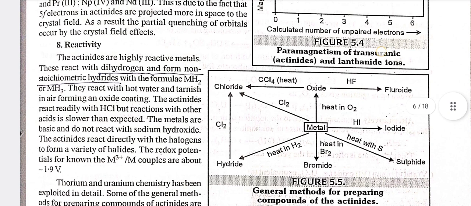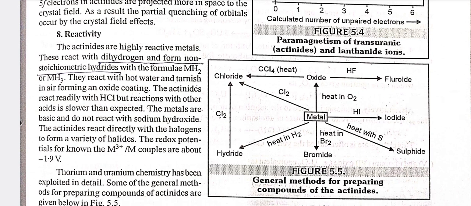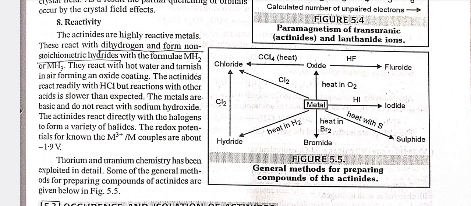Reactivity. The actinides are highly reactive. These react with dihydrogen and form non-stoichiometric hydrides with the formula MH2 or MH3. They react with hot water and tarnish in air, forming an oxide coating. The actinides react readily with HCl, but reaction with other acids is slower than expected.